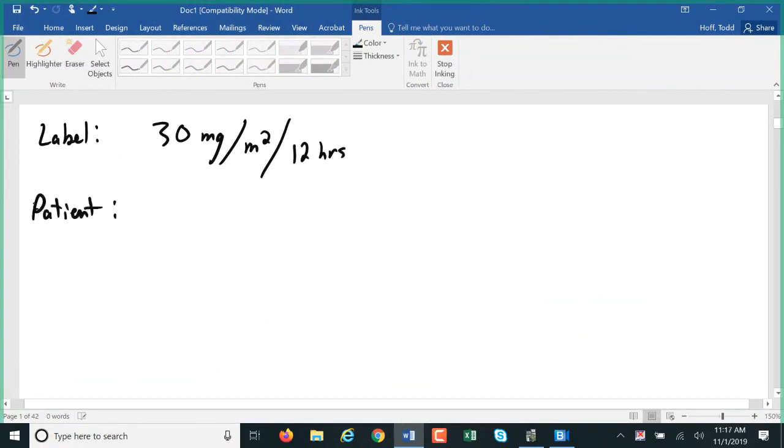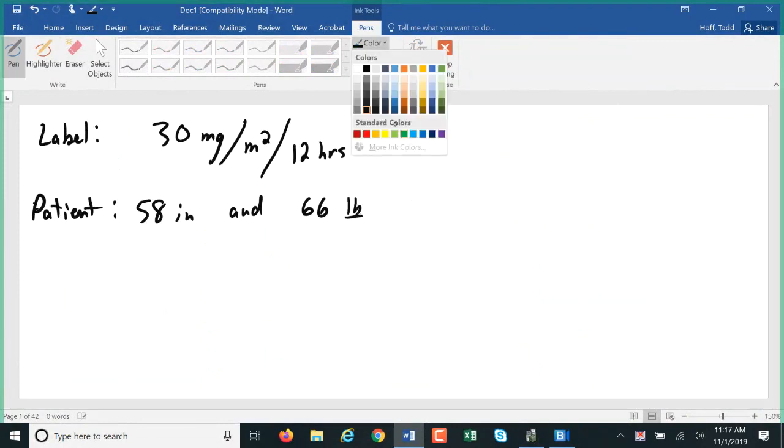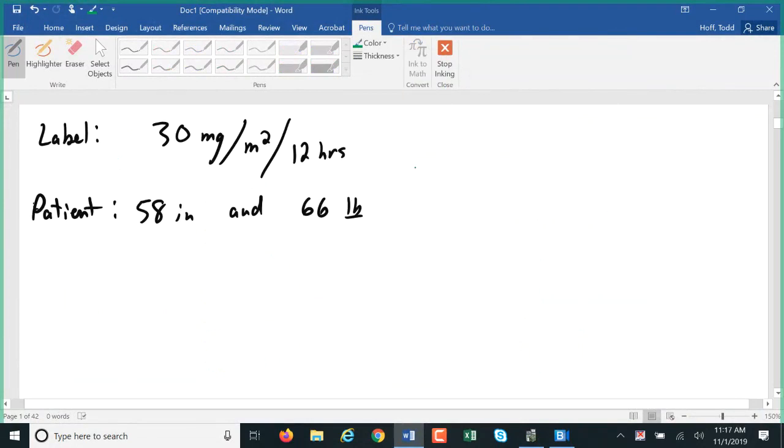And we have a patient that is 58 inches and 66 pounds. So our first thing we want to do is find their body surface area.